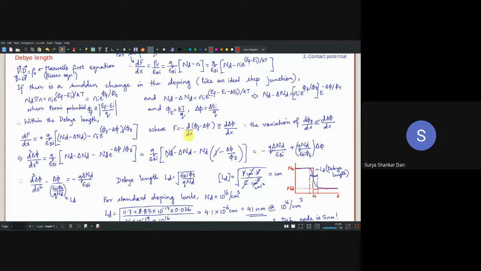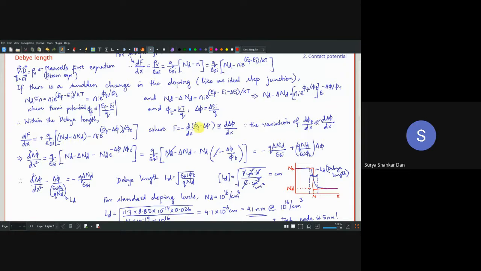Now, if you are trying to find the expression for the field, F is defined as minus d/dx of the potential, right? Here, where is the potential? It is this phi F minus delta phi. Notice the variation of the Fermi potential level is much less compared to the variation of delta phi, because this delta phi is the variation because of this delta ND.